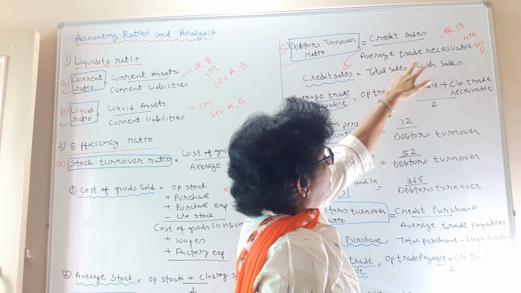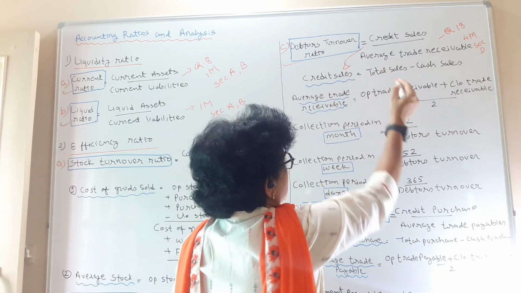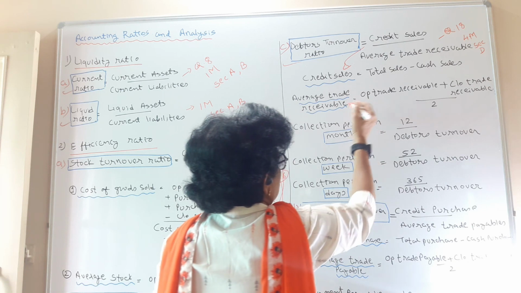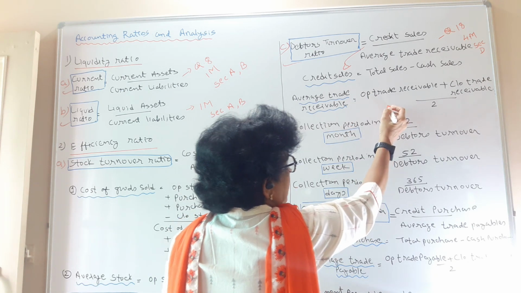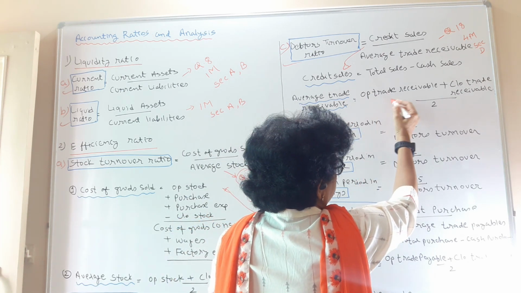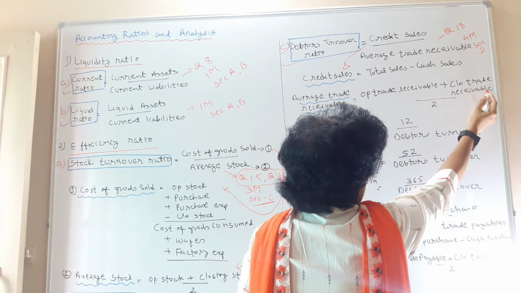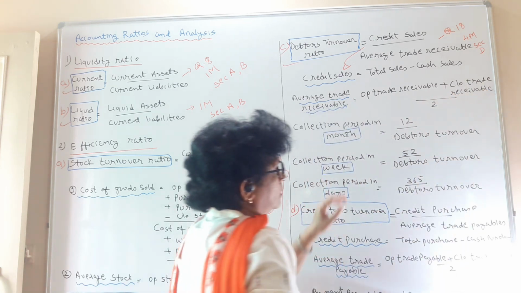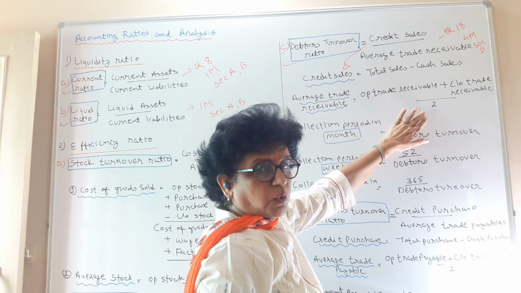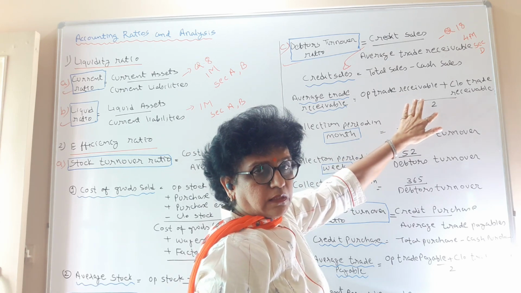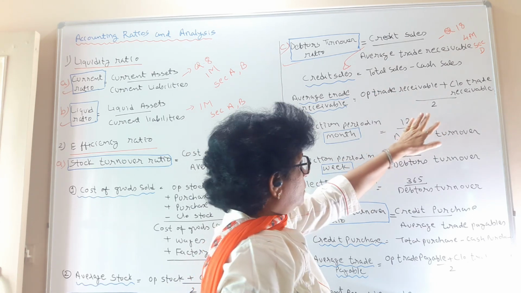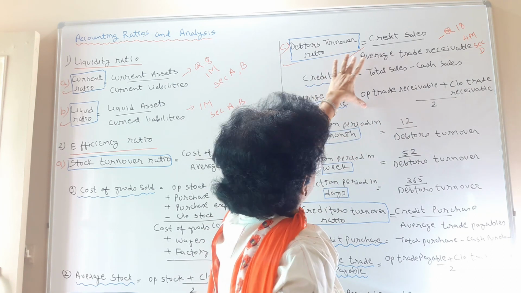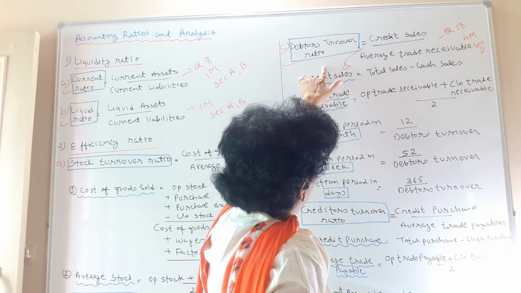Upon average trade receivable. For average trade receivable you have to apply the formula, opening receivable plus closing receivable upon 2. Any average can be found in this manner, opening plus closing upon 2. So this is your debtors turnover ratio.